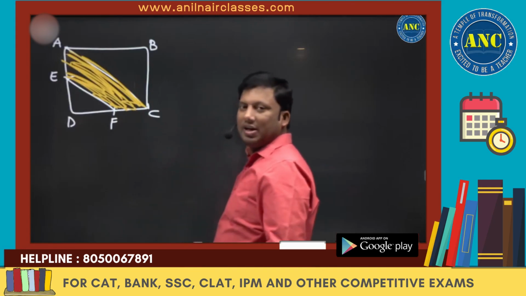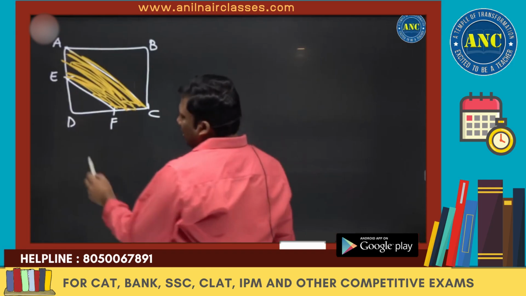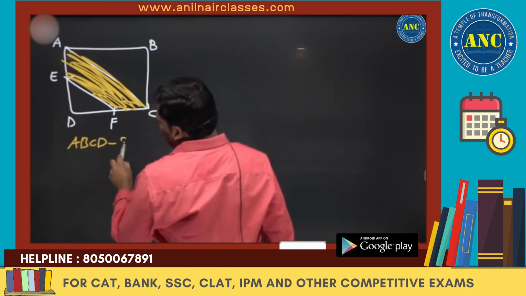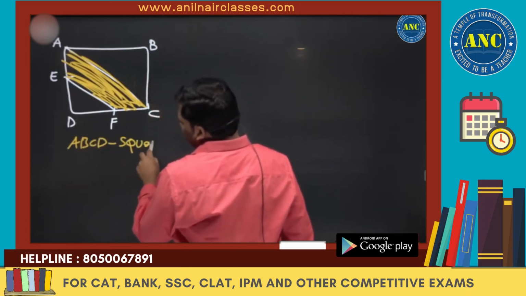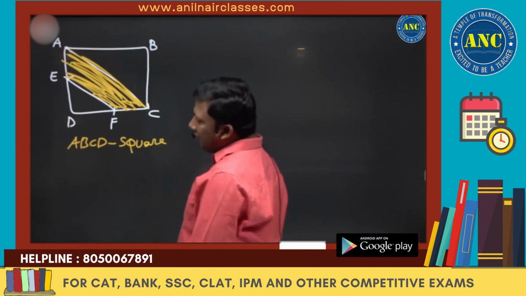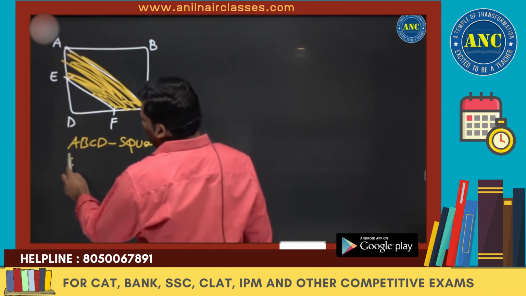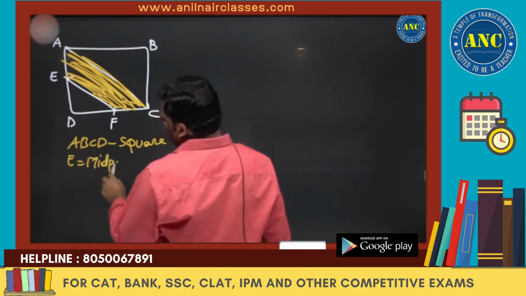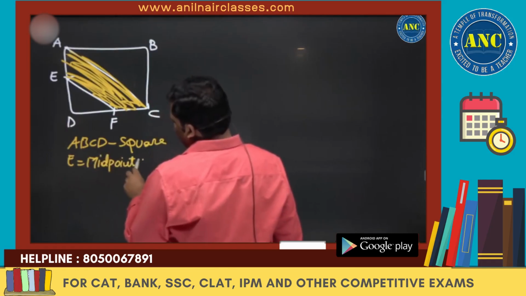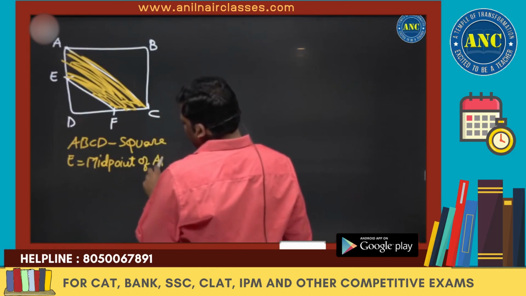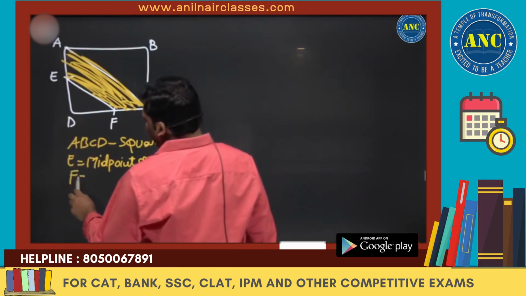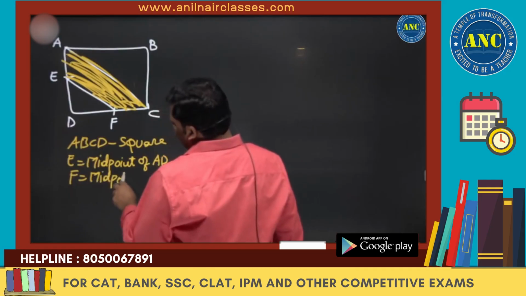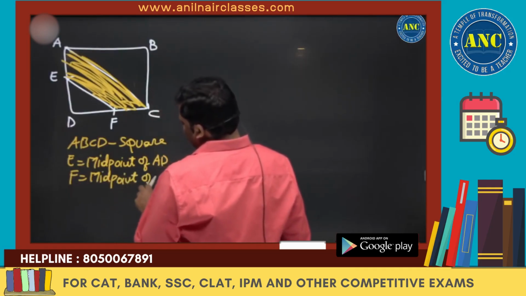Again, I am explaining some important observations. ABCD is a square. E and F are the midpoints. E is the midpoint of AD. F is the midpoint of DC.